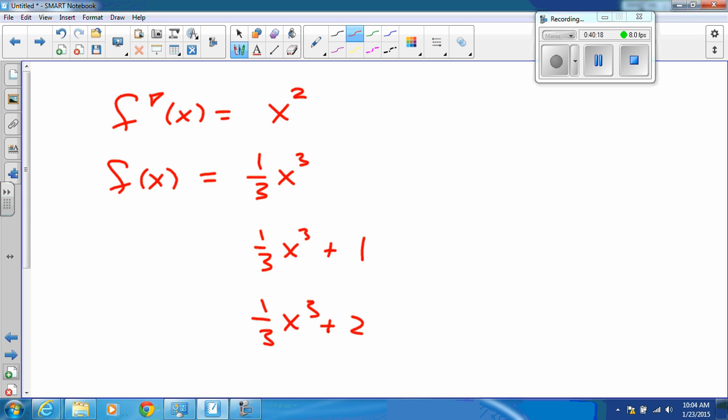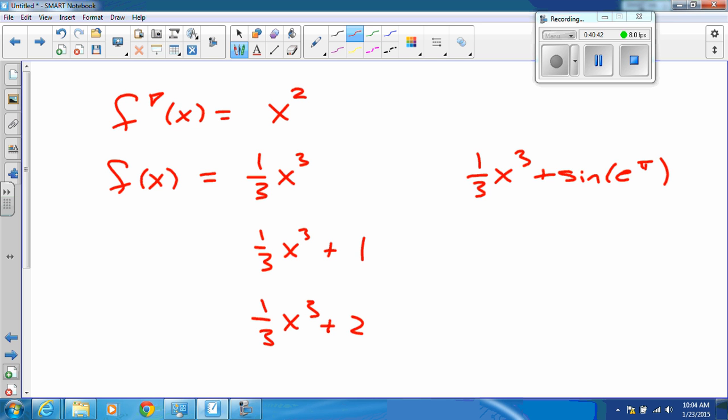How about 1/3 x cubed plus the sine of e to the pi? Does that work? Yes, it does. That works. Any constant will do. Do we agree that 1/3 x cubed plus any constant will satisfy this?